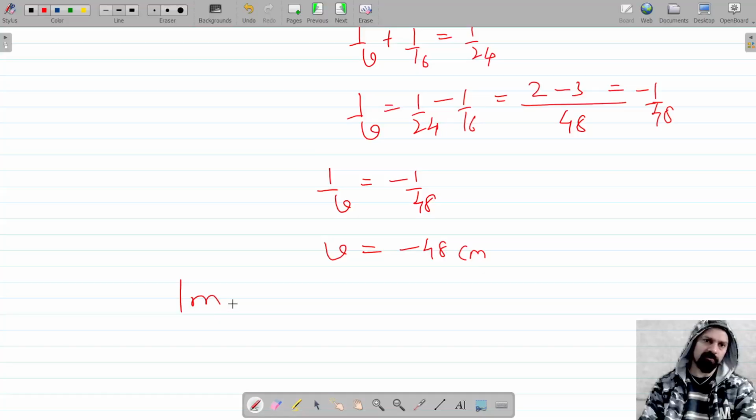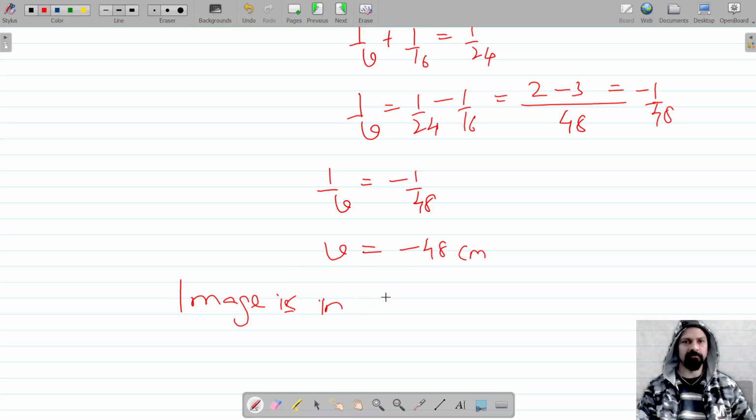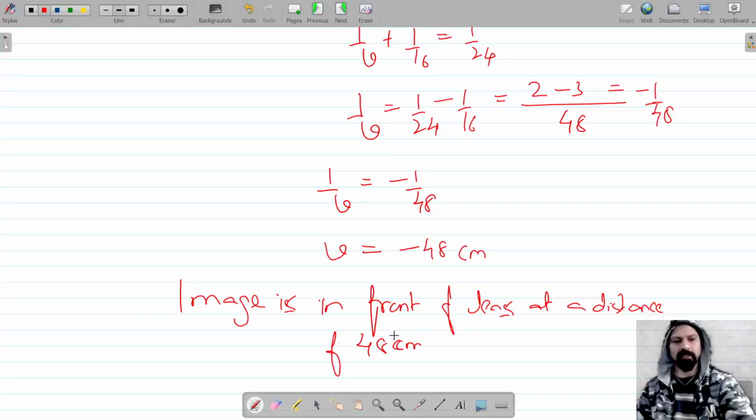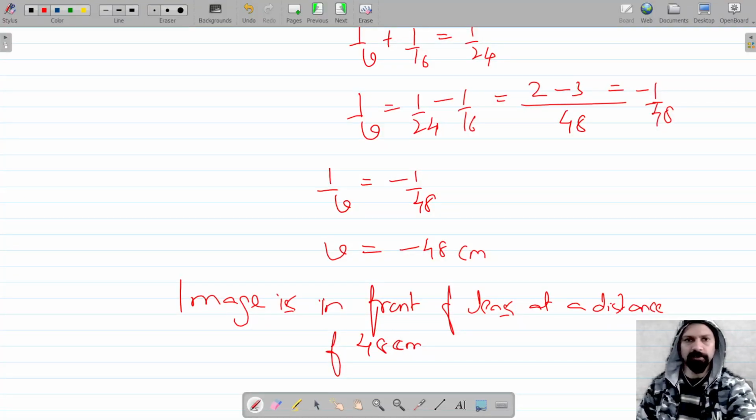So the image is formed in front of the lens, because the negative sign is towards the left side, at a distance of 48 centimeter, and it's real and inverted.